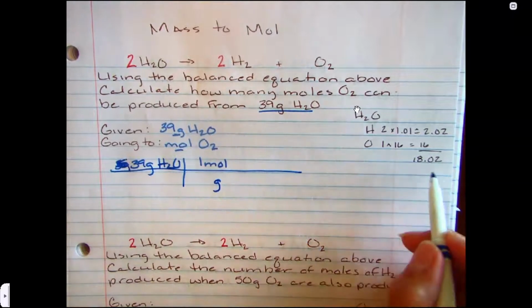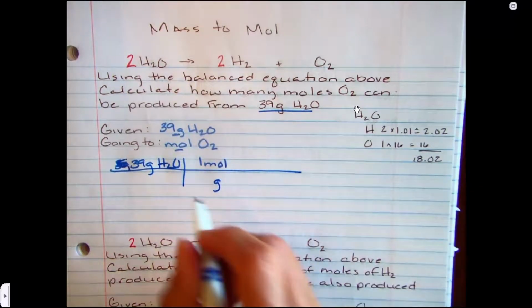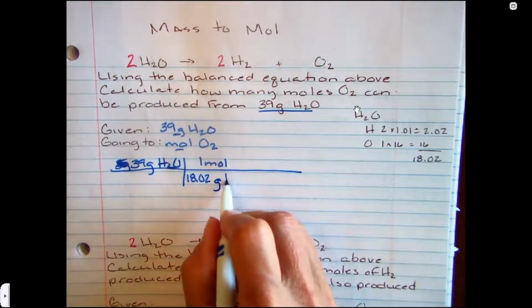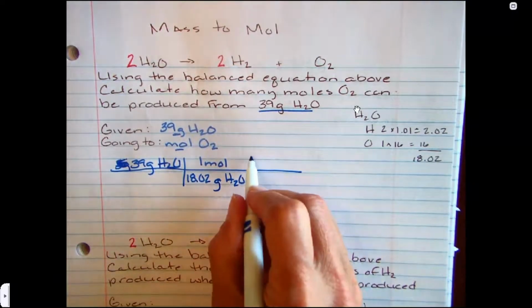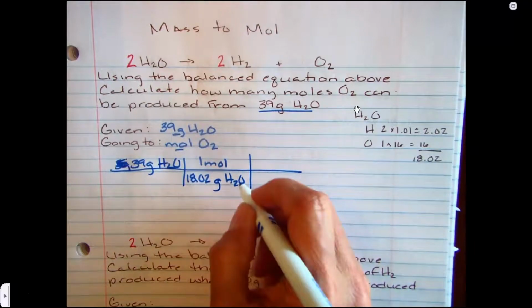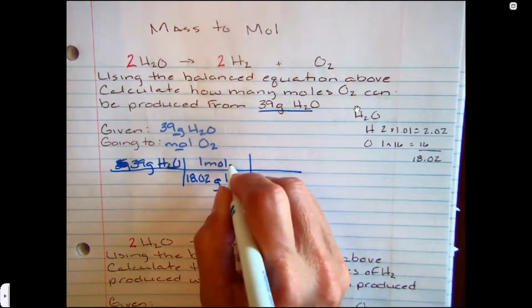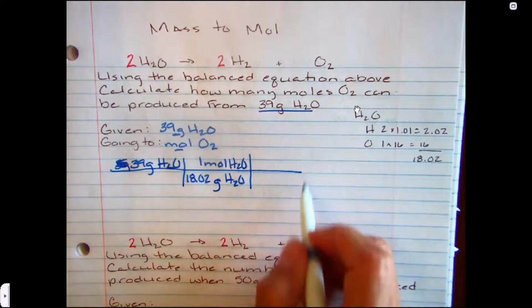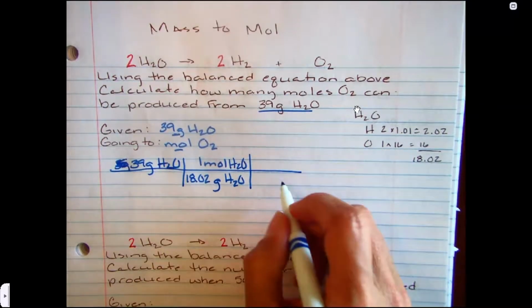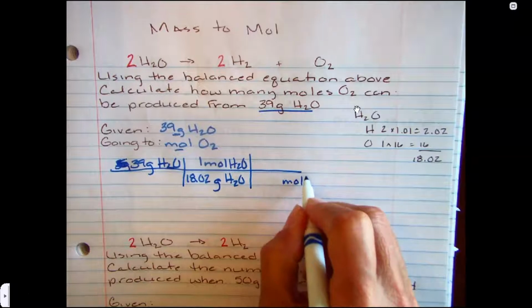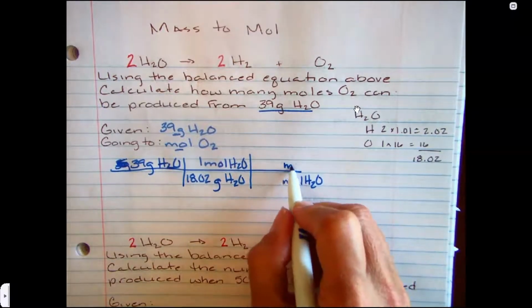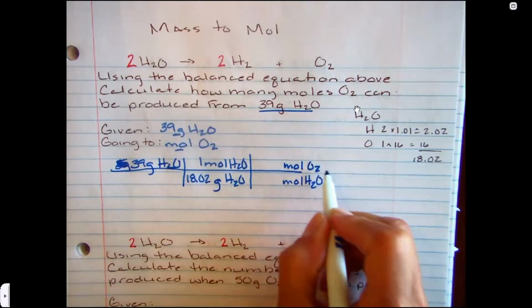Well, our grams, I already worked out our molar mass over here, is 18.02 grams H2O. So now this next section, that's our molar mass. So just like before, mole H2O, and we're trying to get to moles of O2.